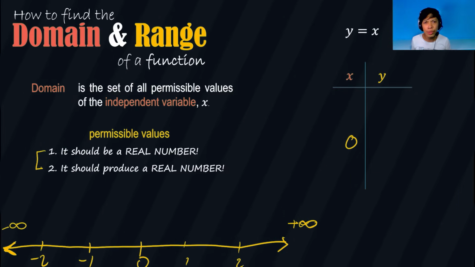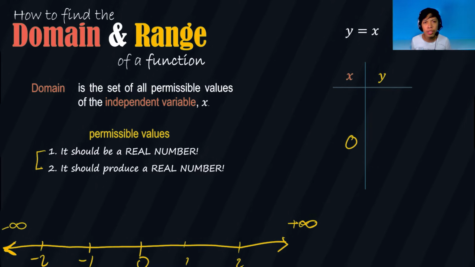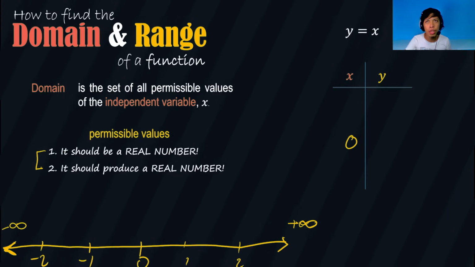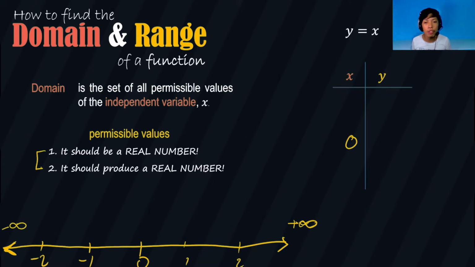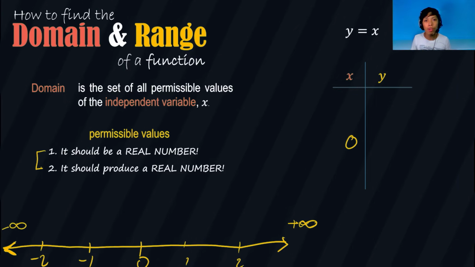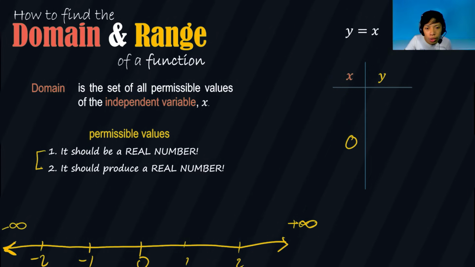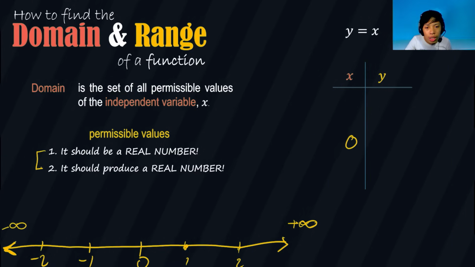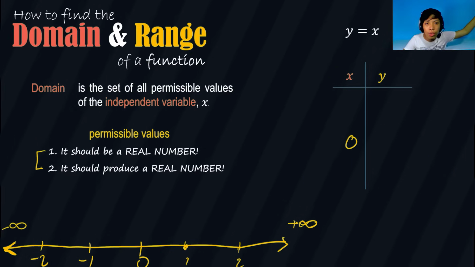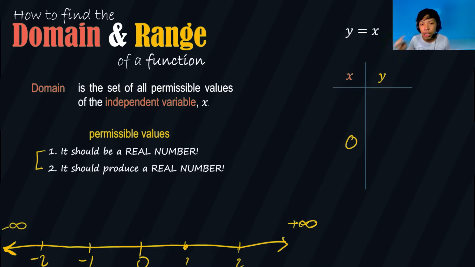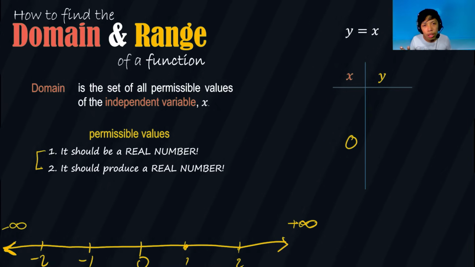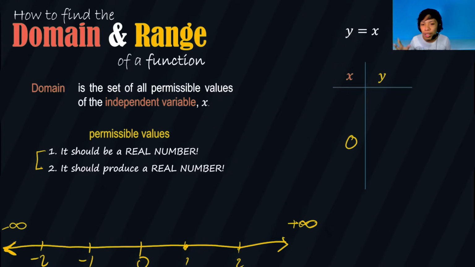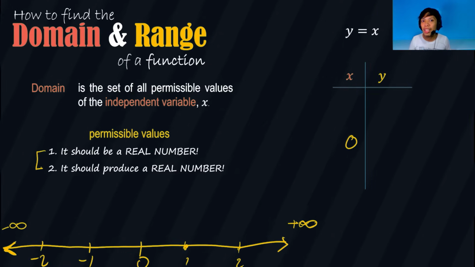So what is a real number? As I said earlier, a real number is any number that can be located on the real number line. For example, 1. Where is 1? You can locate it, it's here. 2, it's here. So 1, 2, 3, and so on until infinity are real numbers. The same with -1, -2. It's a real number.